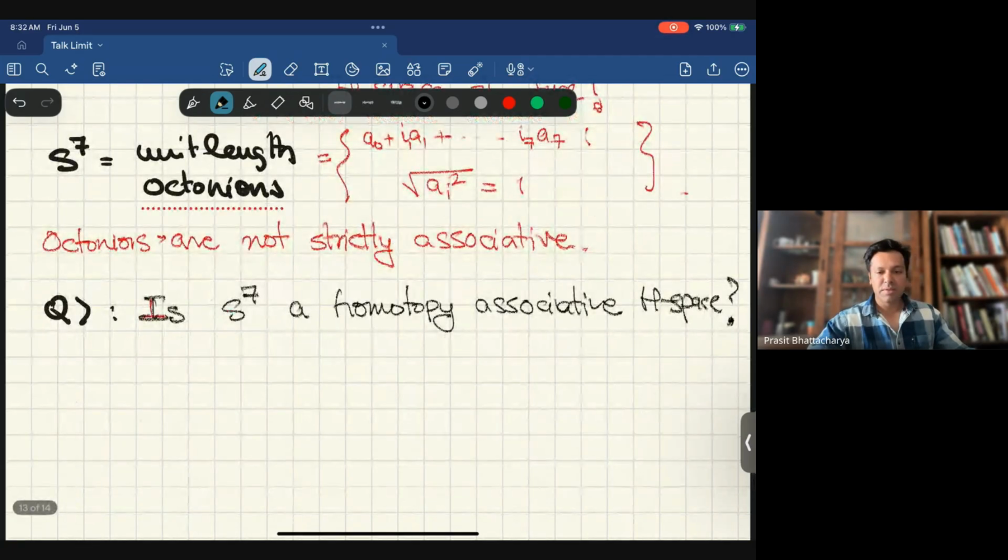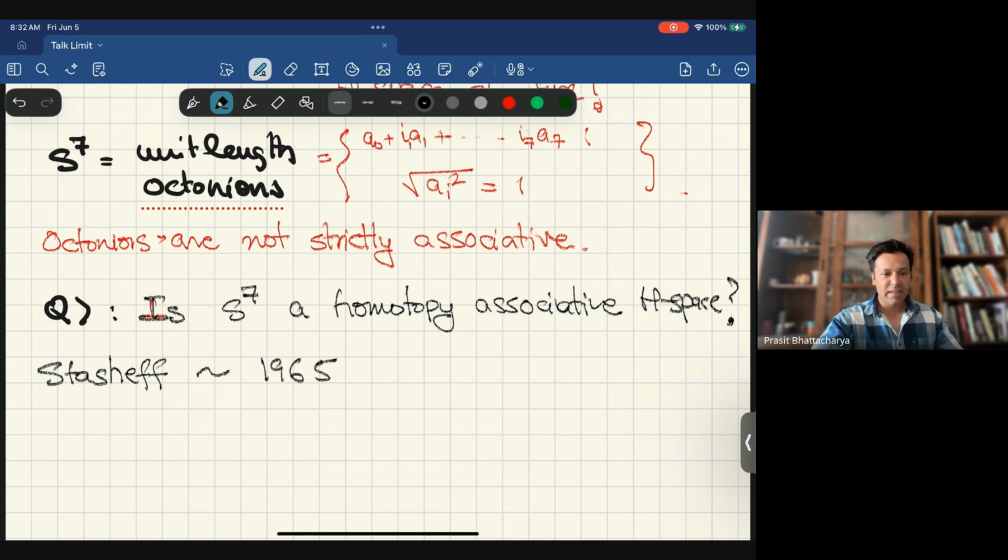So this was an open question, and it was resolved by Stasheff, a student of Milnor, around 1960 something, 65, I would say. The answer is no. And the way he did it is by defining the so-called Stasheff polytopes and obstruction theory.